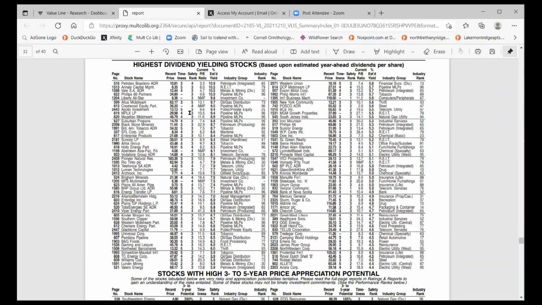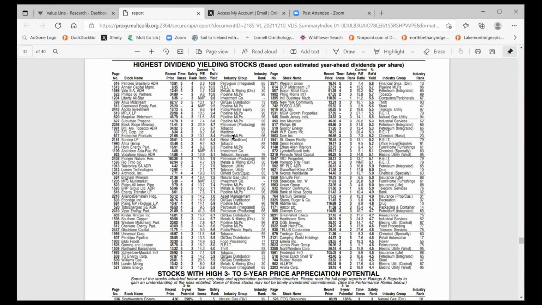It is a 2. All the rest of these are 3 or below. Again, if the number is greater than 3, you probably don't want to waste a whole lot of time looking at it. So this one, this Altus Midstream, which I know nothing about, is rated a 3. So as a stock, they think it will hang in there with the market, but it's got a 5 safety rank. And since all I'm looking at is what they can send me, I don't know that I'm that interested in them.